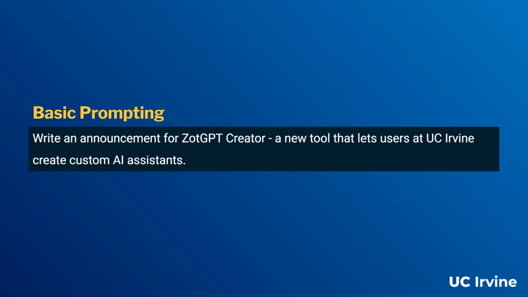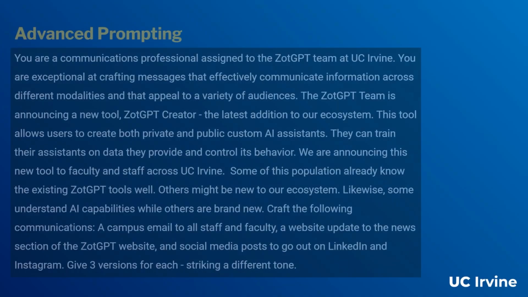But if we're doing something like this, where we need to craft an announcement, there's a lot more consideration that should probably go into what a good output would look like and what needs to be considered. So, what might be a more advanced prompt as an alternative to this?